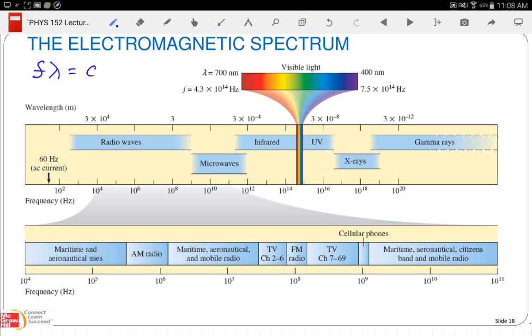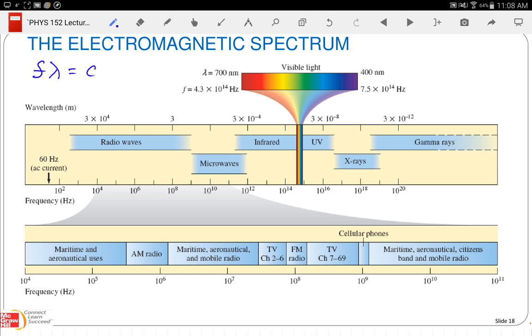VHF is very high frequency. And different frequencies are assigned different channel numbers. And surprisingly enough, it doesn't go 1, 2, 3, 4, 5. They kind of jump around. But yes, they're just describing different bands. Okay. And the actual definitions for those bands was changed when they changed to the high-def broadcasting standards.